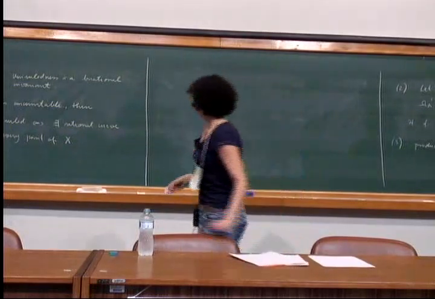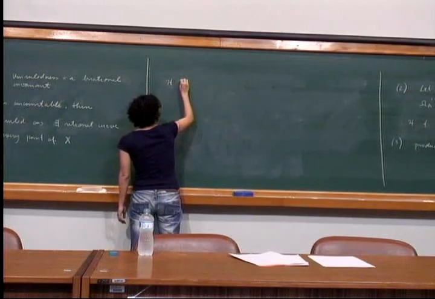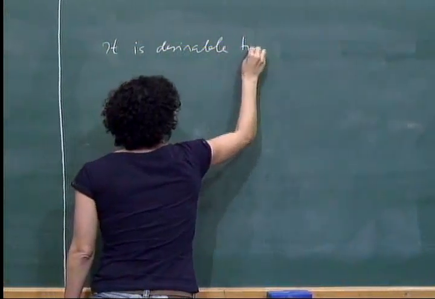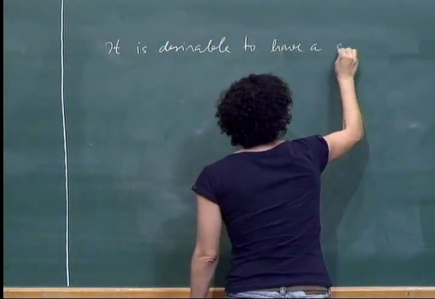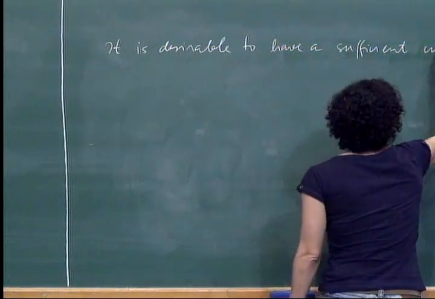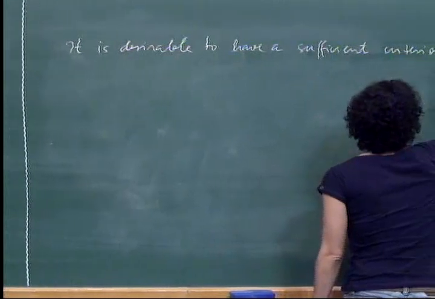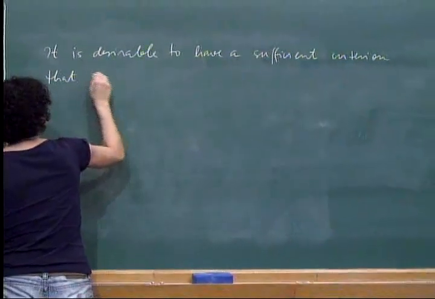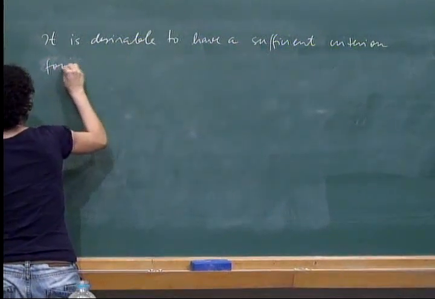Okay, so now going back to point B, it is desirable to have a sufficient criterion for uniruledness.